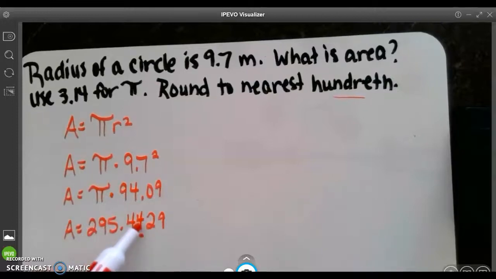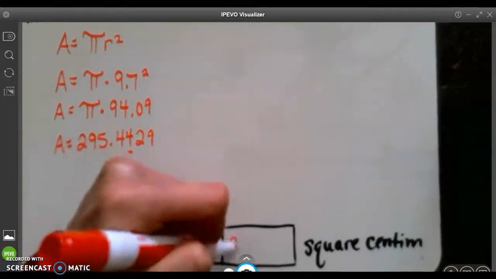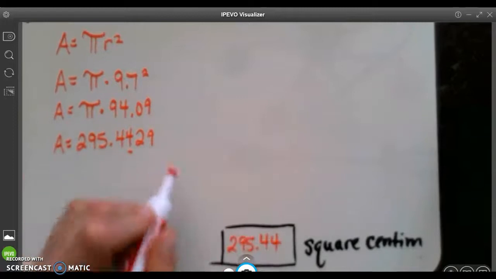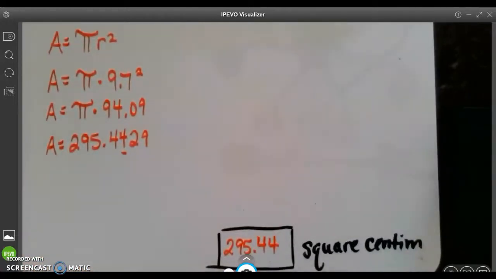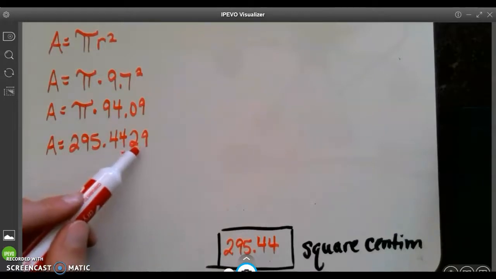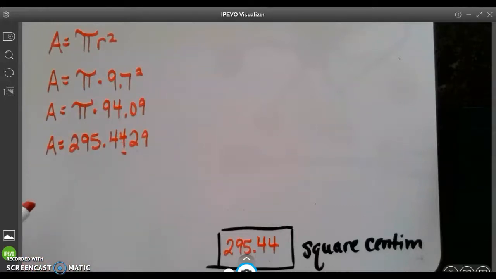That 2 is not going to make the 4 round up. So in my box, I'm going to say 295.44. So make sure you're rounding correctly. Round up if this number is a 5 or above. If it's a 4 or lower, we leave that number the same.